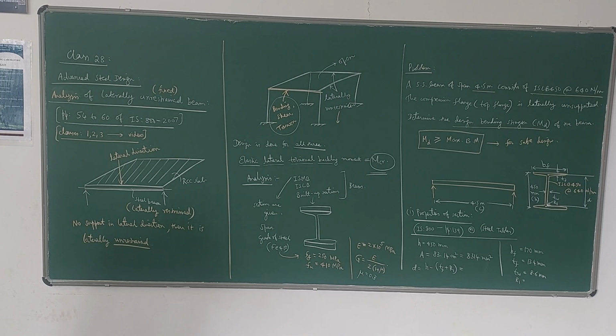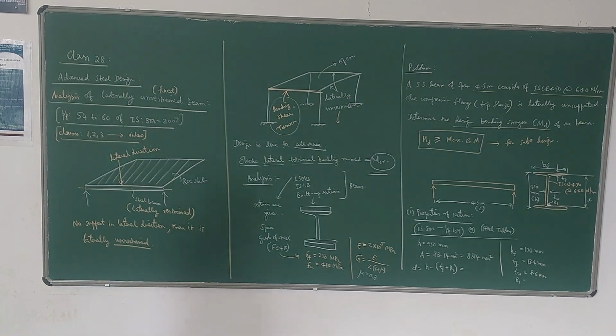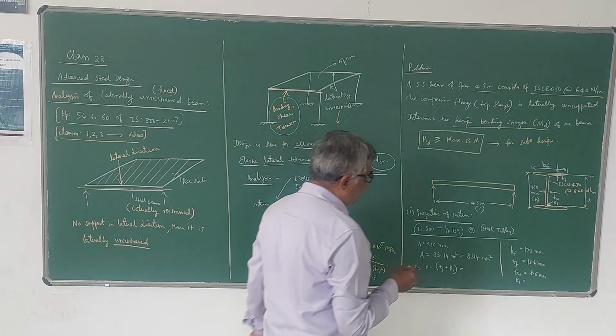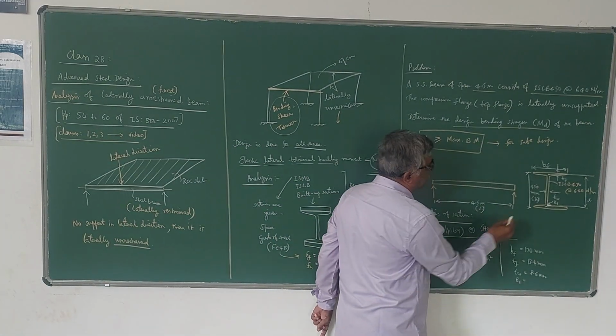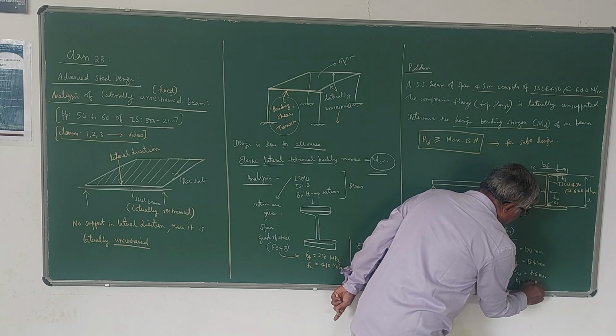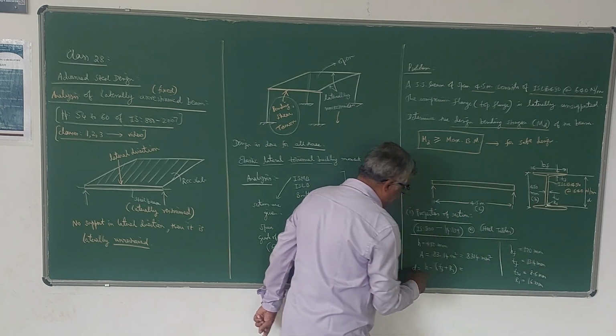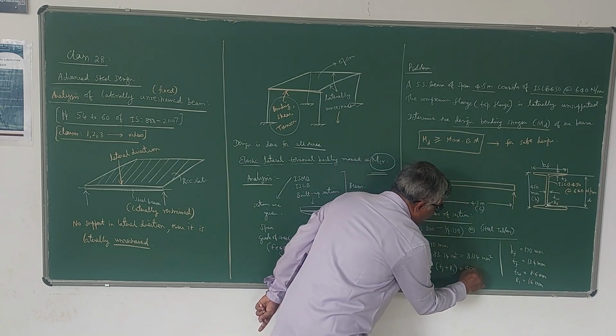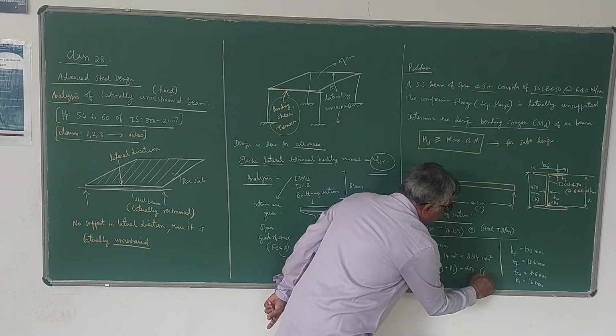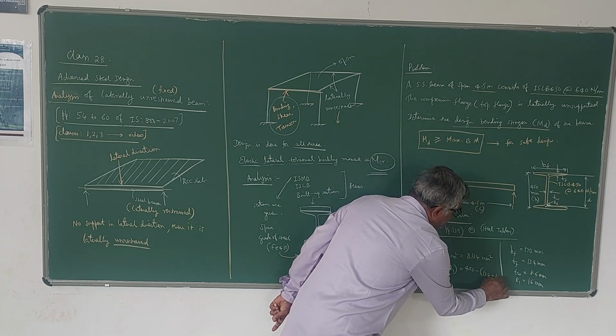R1 is 16. The formula: H is 450 minus (13.4 plus 16).